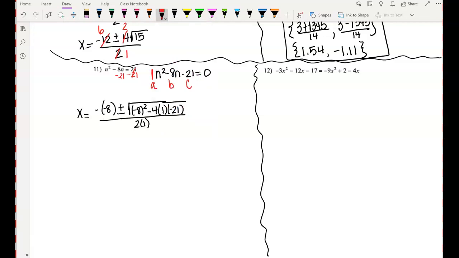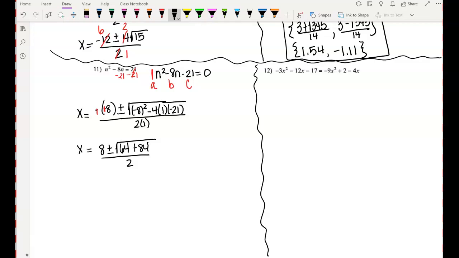So I have the double negative here. That's going to go positive, so x equals 8 plus or minus the square root. Negative 8 squared is positive 64. Negative 4 times 1 is negative 4. Negative 4 times negative 21 is positive 84.